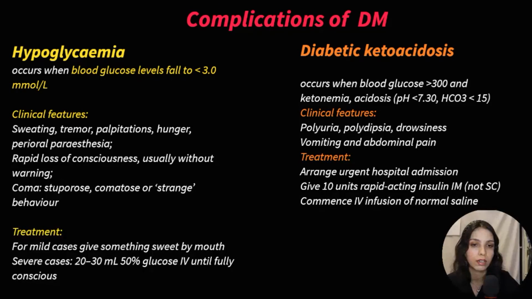Clinical features are polyuria, polydipsia, drowsiness, vomiting, and abdominal pain. Treatment, of course, it's an urgent situation, so arrange urgent hospital admission. Also give 10 units rapid acting insulin intramuscular and IV infusion of normal saline.